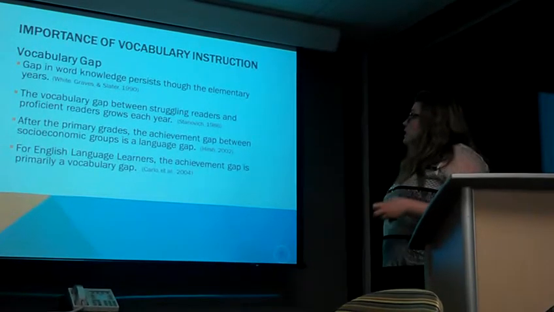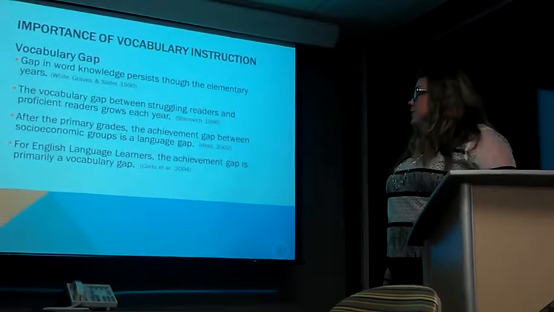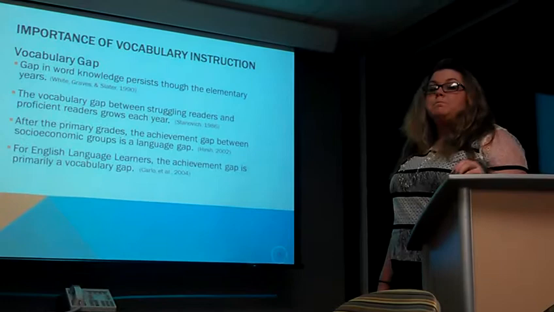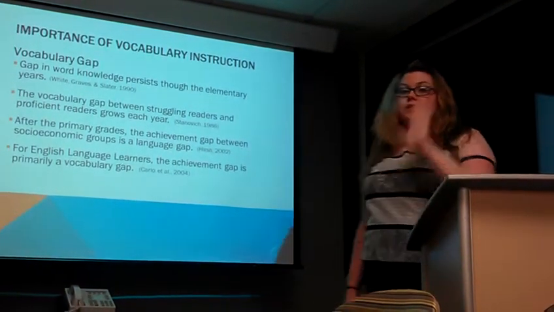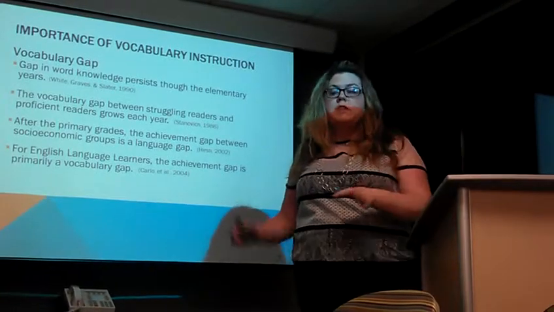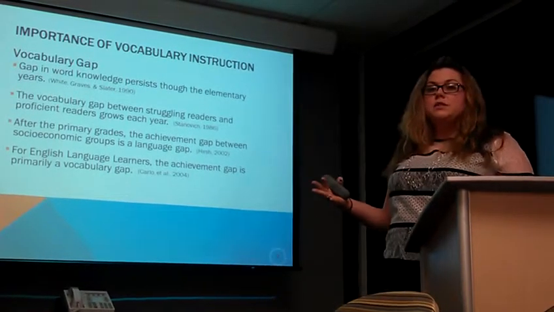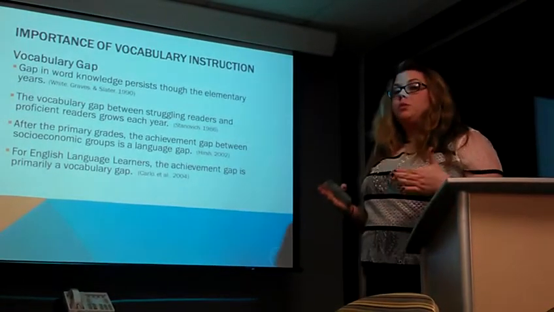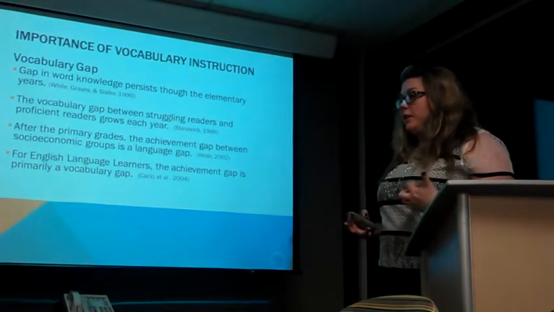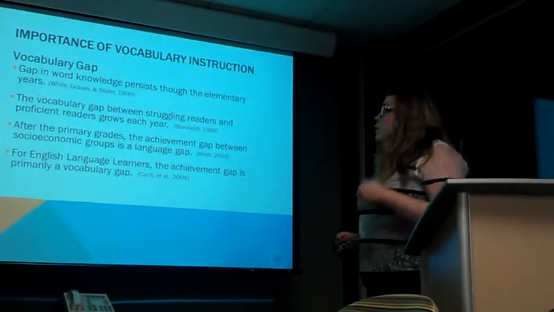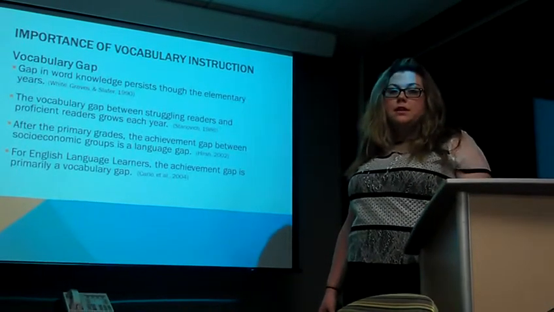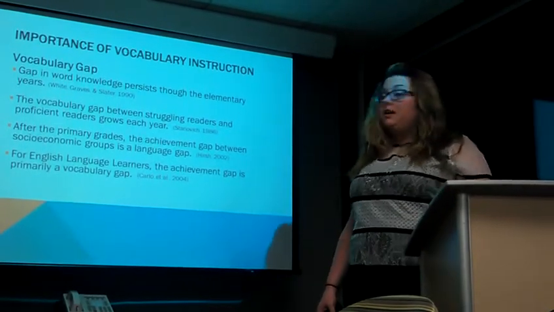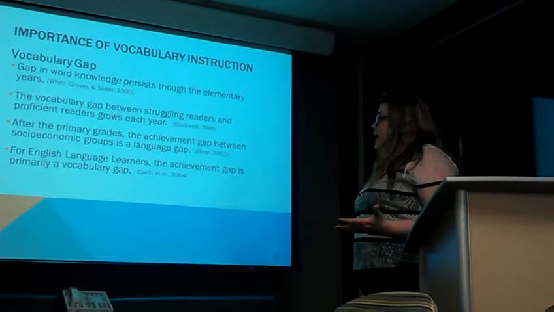And the gap in word knowledge really persists through the elementary schools, and it's a predictor of the struggling readers. So if you look at your struggling readers in your classrooms versus your advanced readers, one of the things that's going to really differentiate them is their vocabulary abilities. So when we're trying to close this achievement gap, we need to focus on the literacy gap, which in effect is a vocabulary gap.